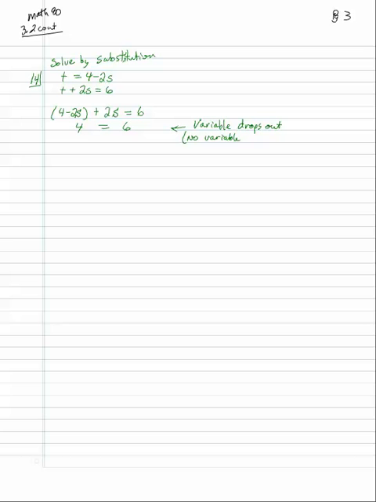If you remember before, if there's no variable in the equation, that means no matter what you choose for s, in this case, the statement will always be true or false. So you ask yourself, is that a true statement or a false statement?